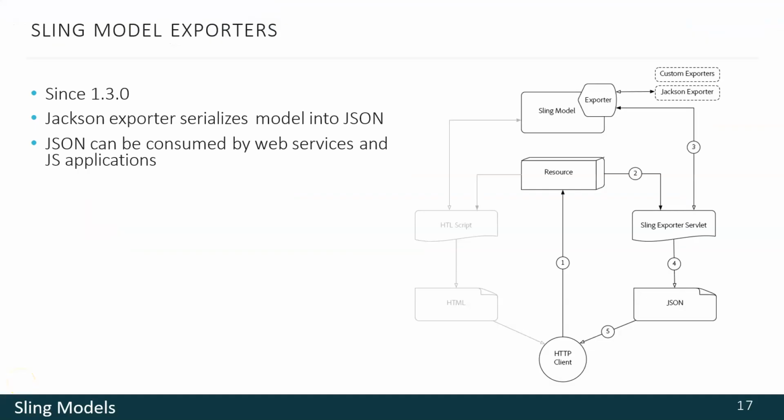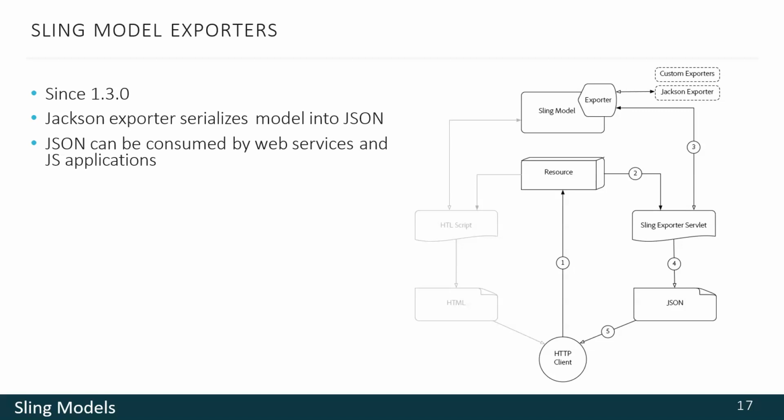Another feature I want to mention here is Sling Model Exporters. It's available since Sling Models version 1.3.0. And with the exporter annotation, you can define how your model can be exported as a different Java object or more commonly serialized into a different format such as JSON.